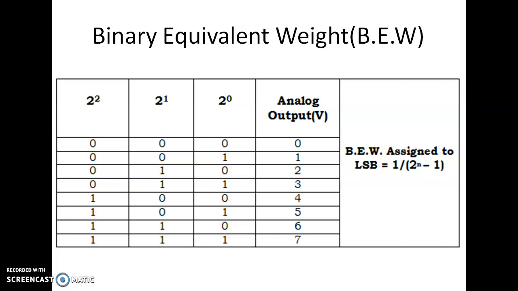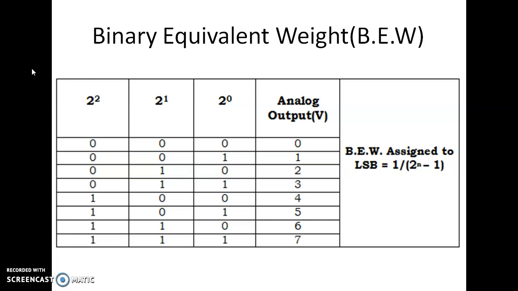Similarly, corresponding to the change in the MSB from 0 to 1, the output voltage should change by 4 volts. We can apply this logic to each digital input from 000 to 111 to obtain the corresponding analog output voltage VO as seen in the truth table.